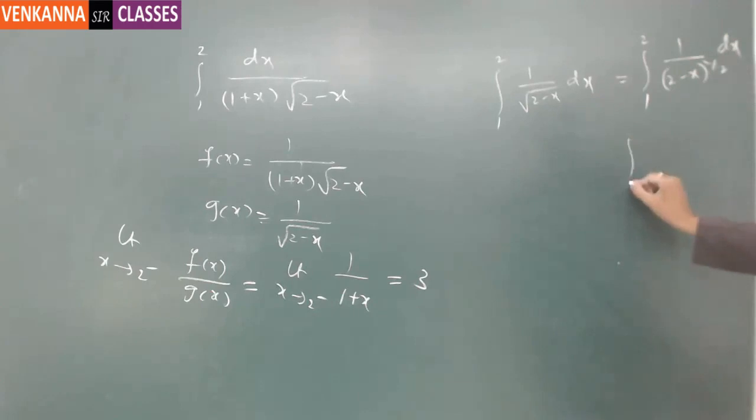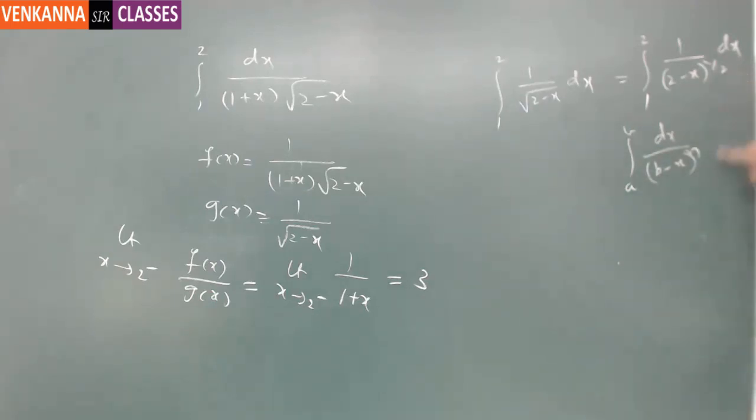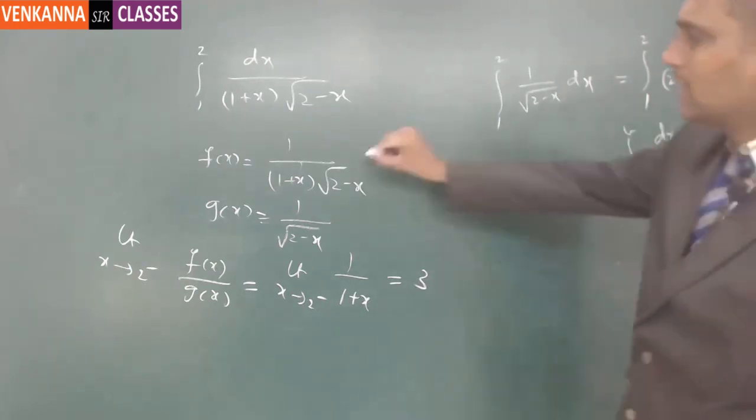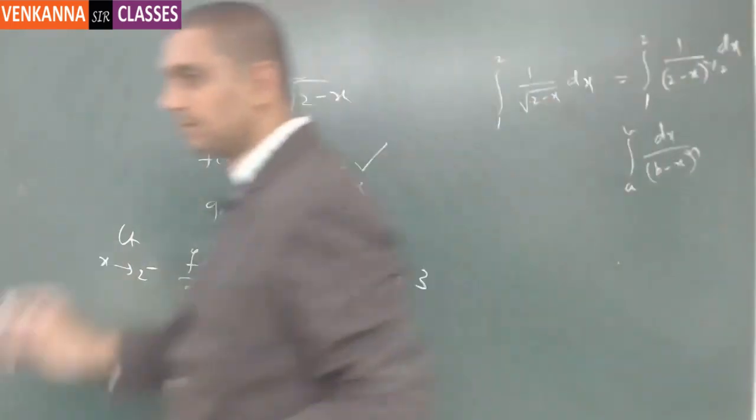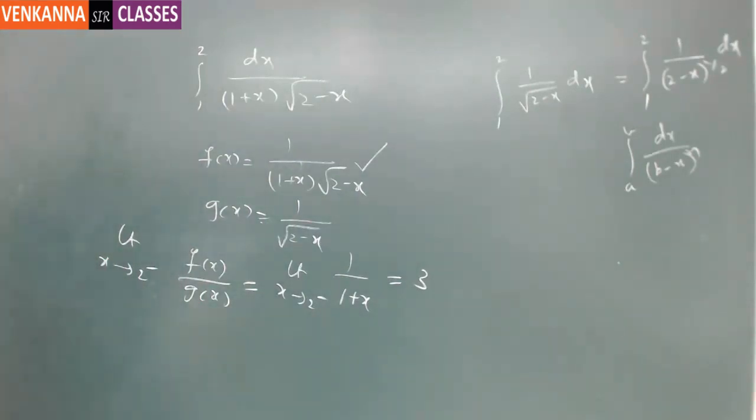It is just like integral a to b dx by (b minus x) whole power n of the form. So if you compare, the power is 1 by 2, which is less than 1. Hence, this is convergent. Therefore, the given integral is also convergent.